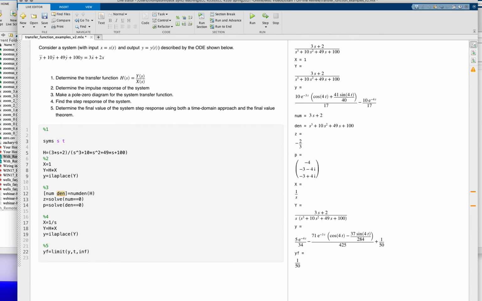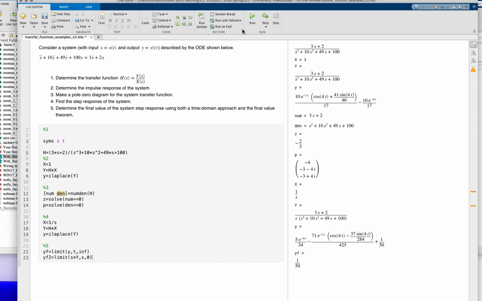And so I can actually compute this in a different way. I can take the limit of s times Y evaluated at s equals 0. So that's what all that means. I'm taking the limit of this function as s goes to 0.